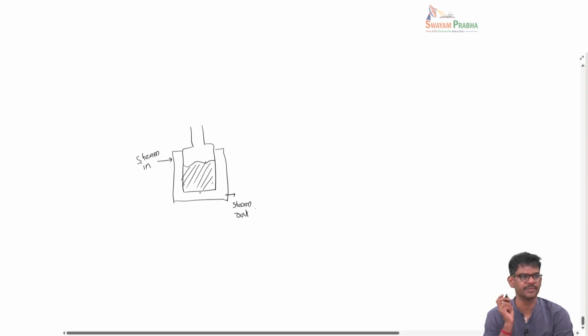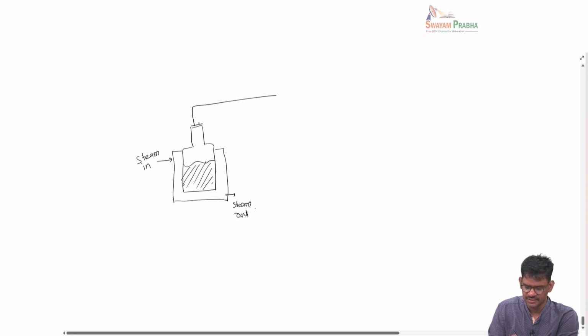Okay, so let's look at the apparatus that is used for this batch distillation. So typically you'll have a vessel, and this will be a jacketed vessel so that you can send steam in and out to provide heat. This contains the liquid mixture A plus B, and then you take the vapor out and send it to a condenser.